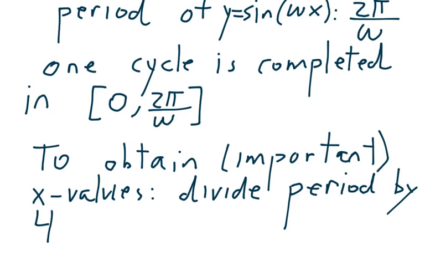If you think about it, when we graphed sine of x, the period then was 2 pi, and to get the x values, we had pi over 2, pi, 3 pi over 2, and 2 pi. But we can get those by dividing by 4. And we keep on adding 2 pi over 4, which is pi over 2. So we divide by 4, and we're going to add.